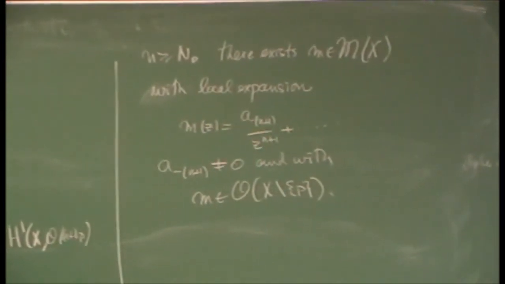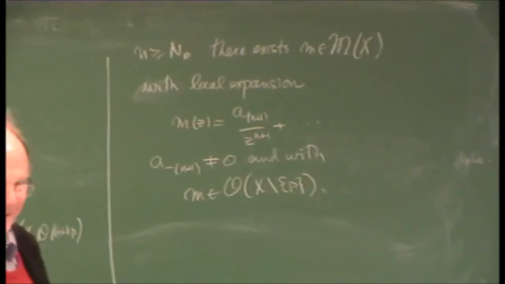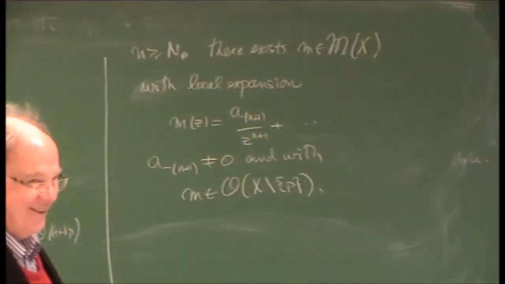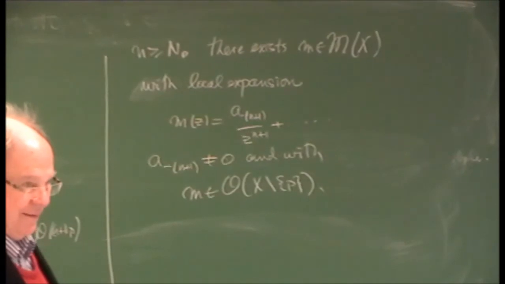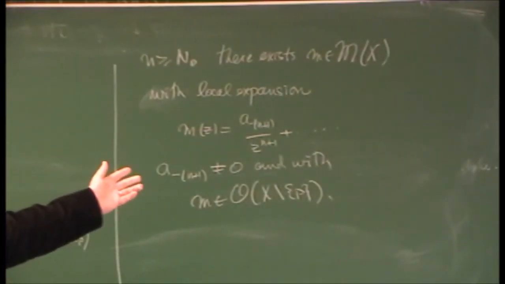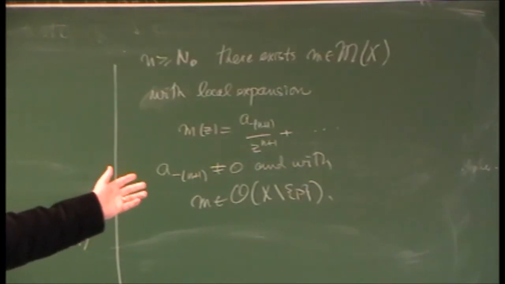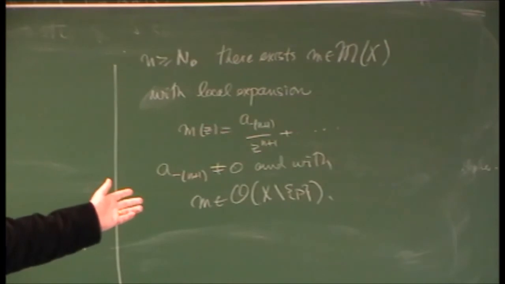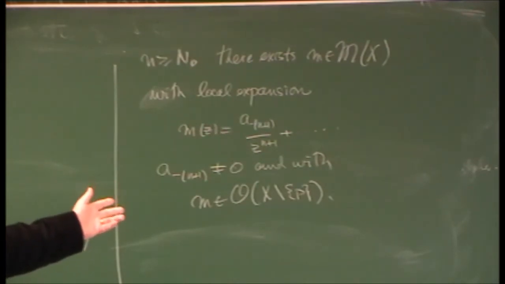I think it's fundamental to try to understand this, even if you don't like it. Right? I mean, if I told you at the beginning of this course, given a compact Riemann surface, there was such a meromorphic function, you would have been very, very happy.